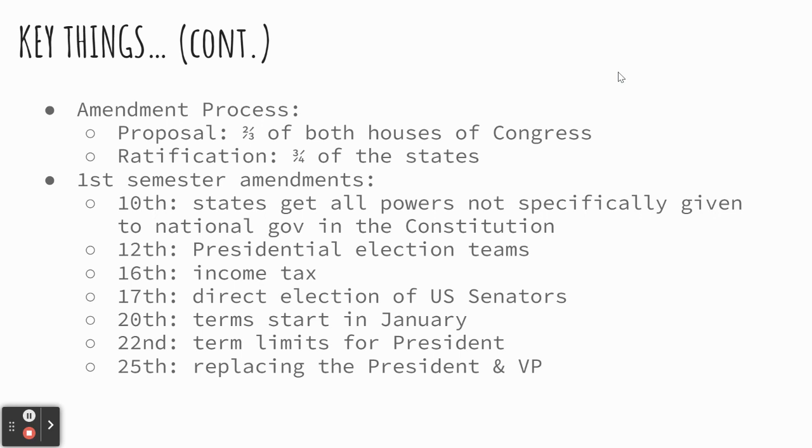And I should have mentioned, we also talked about the 14th Amendment just a little bit when we looked at the Equal Protection Clause in the gerrymandering cases. The 14th Amendment Equal Protection Clause deals with all types of discrimination and people that feel like they're being discriminated against. They basically allege that their 14th Amendment right to equal protection under the laws is being violated. So, again, these are some of the important things you want to remember about the Constitution that we talked about in the first semester.